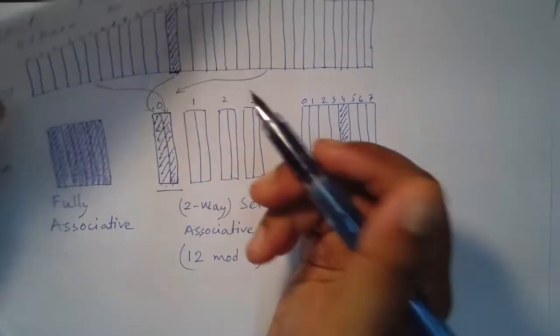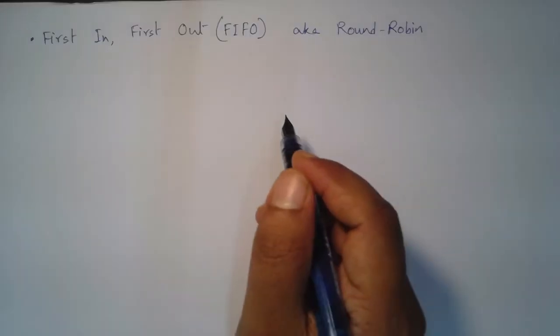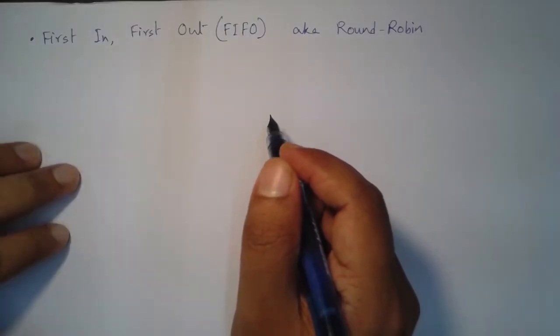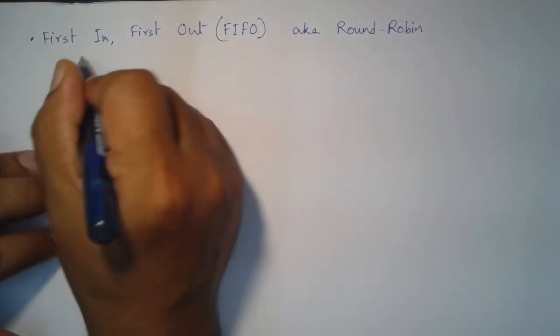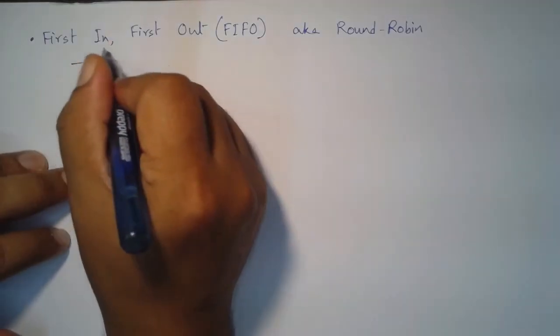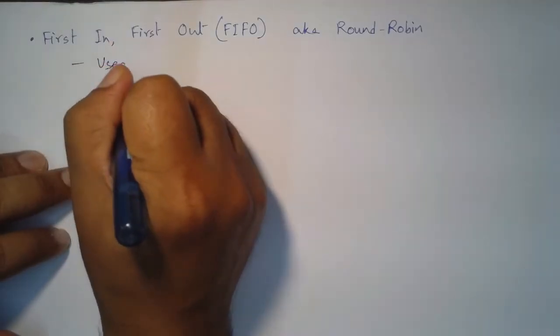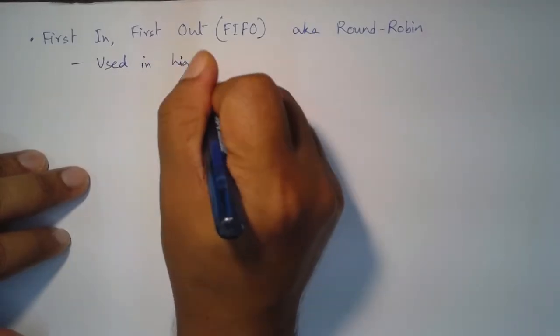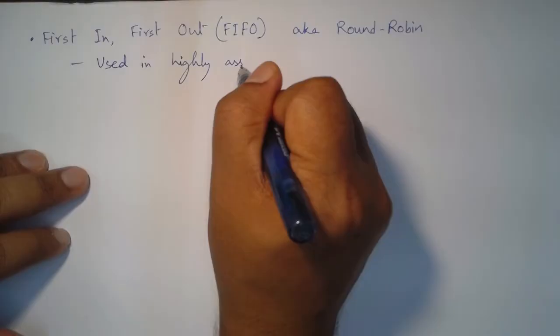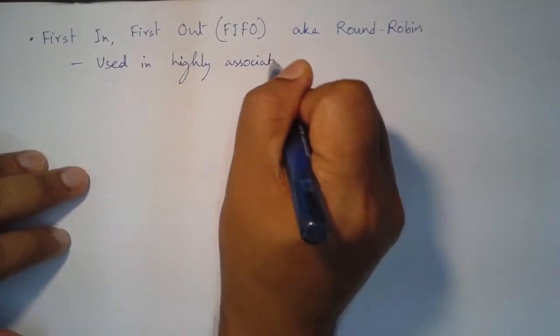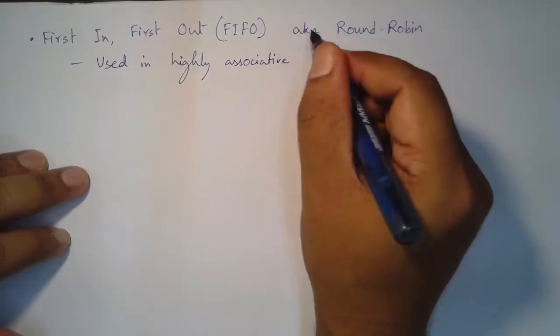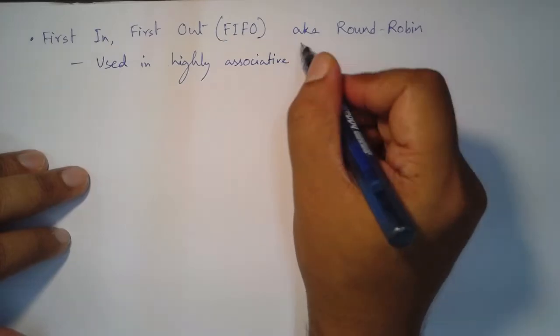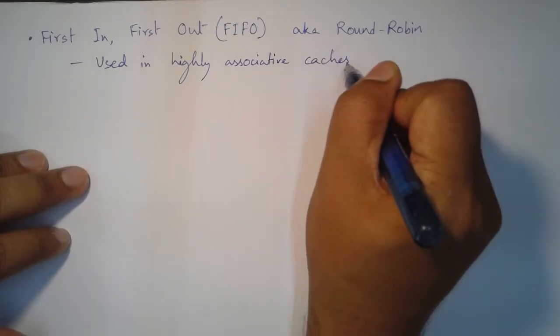So, this is one strategy which is typically used in highly associative caches. All right.